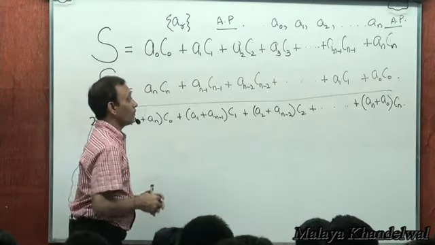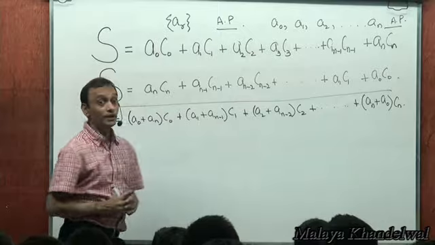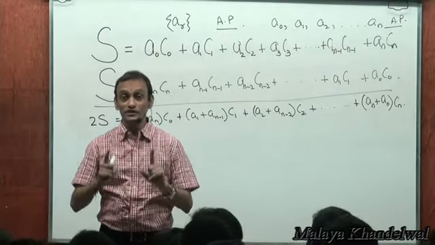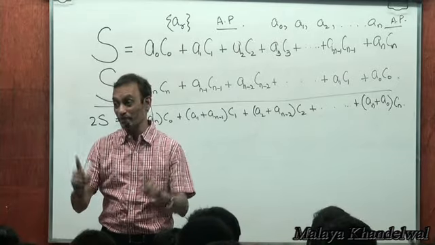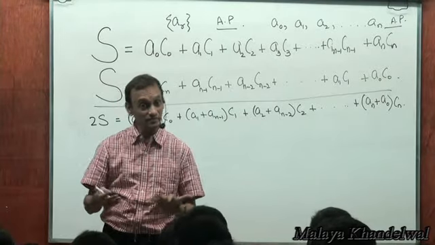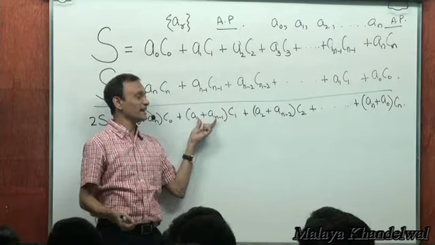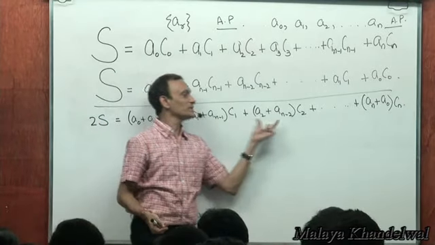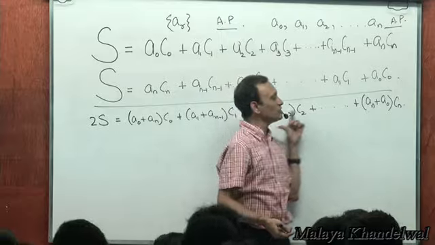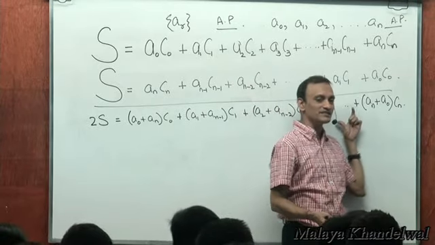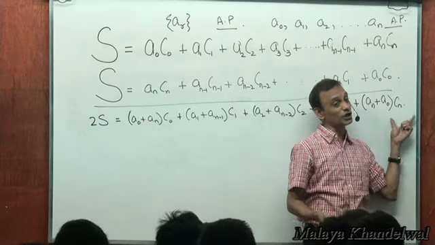Hey, in an arithmetic progression, the sum of terms equidistant from the beginning and end must be the same. So can I say A0 + An must be the same as A1 + A(n-1), must be the same as A2 + A(n-2), must be the same as A3 + A(n-3), must be the same as An + A0.